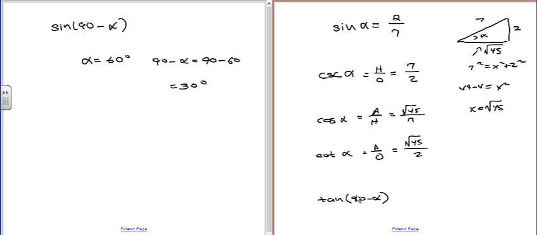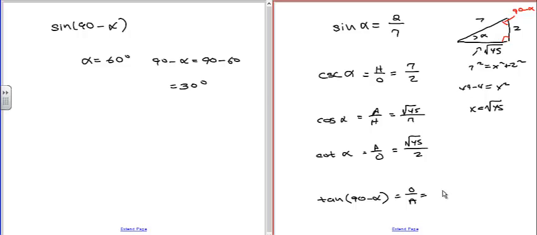Now, to do the tangent of 90 minus alpha, this angle here is 90 minus alpha. Because this is 90, 90 plus alpha plus 90 minus alpha is 180 degrees, so that has to be 90 minus alpha. So all you have to do is know this angle is 90 minus alpha, and so for the tangent, again, tangent is opposite over adjacent, but in this case the opposite is this side and not that side.